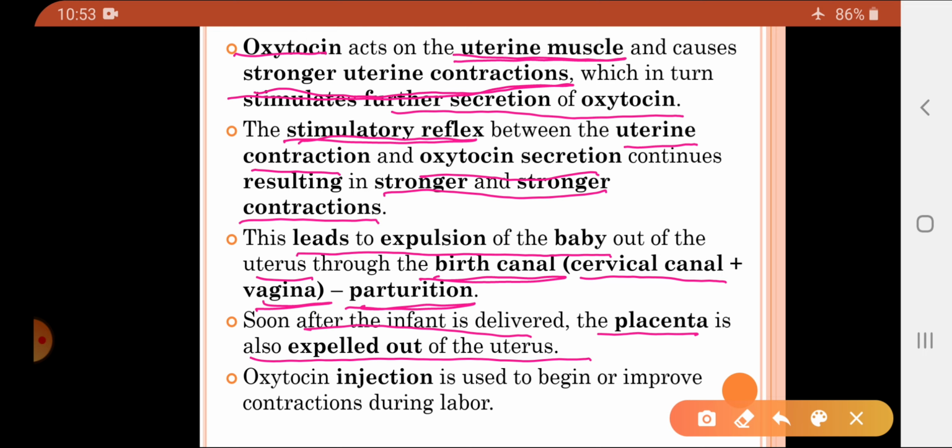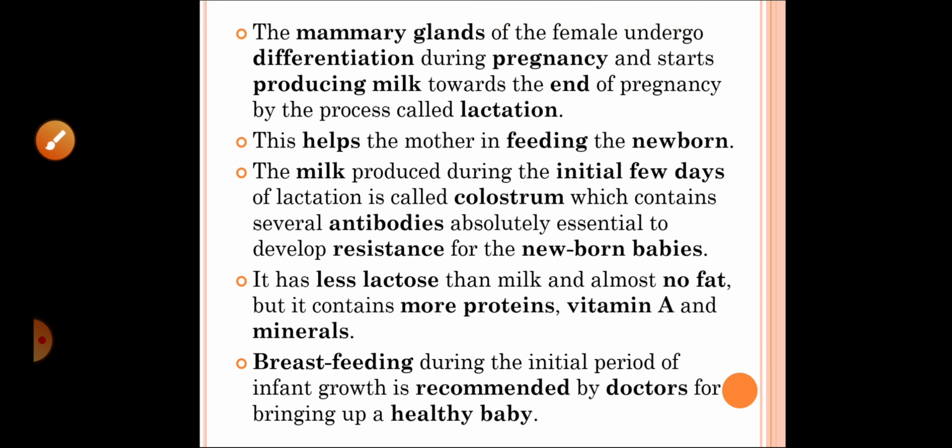Now, normally during labor, to begin the contraction or to improve the intensity of the contractions, oxytocin injections are given.